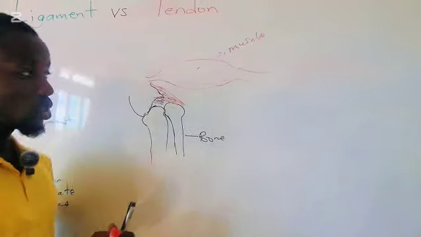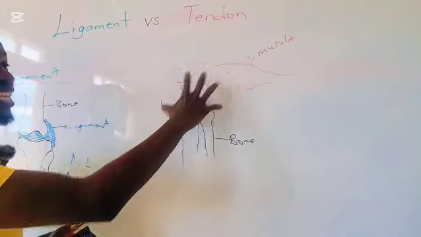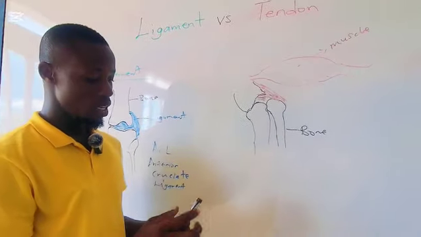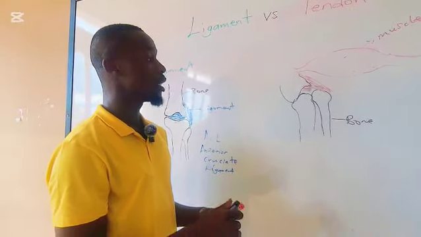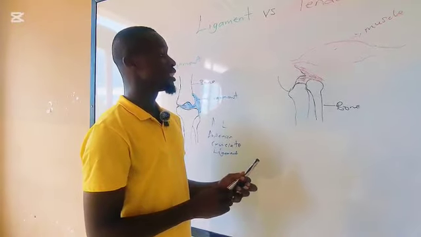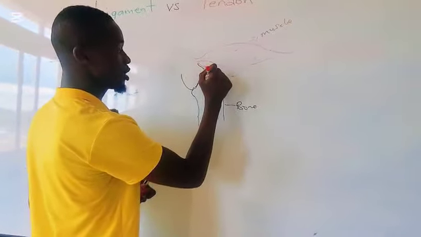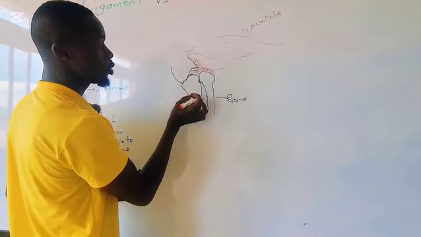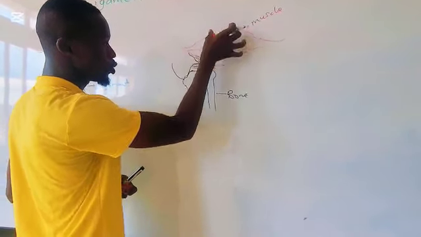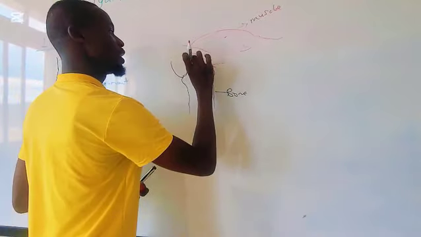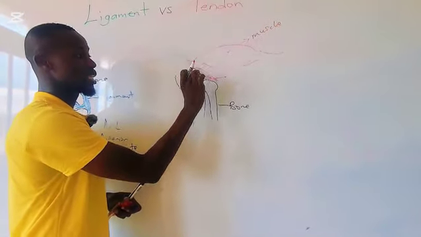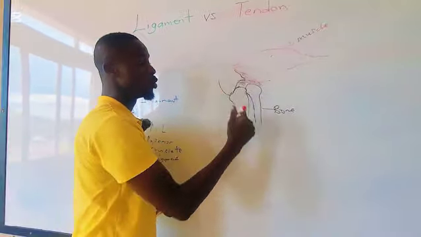This muscle is being attached to this bone through the tendon. And this is the tendon. This beautiful structure right here is the tendon that is connecting this bone to the muscle. So this tendon attaches the muscles to the bone.